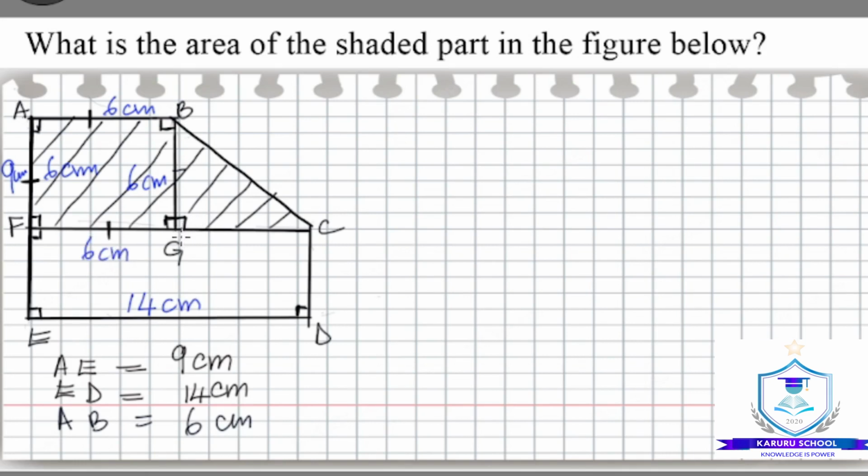Then we need to calculate the distance from point G to C. So the distance of point G to C will be given by subtracting the distance from F to G from the distance of E to D. So GC will be equal to 14 centimeters minus 6 centimeters, which gives us 8 centimeters.